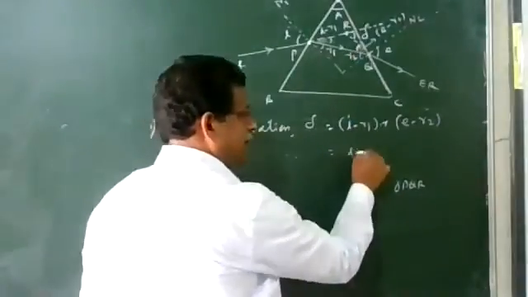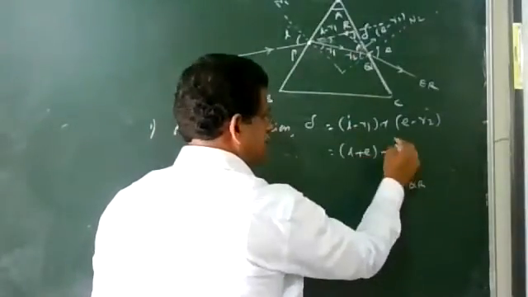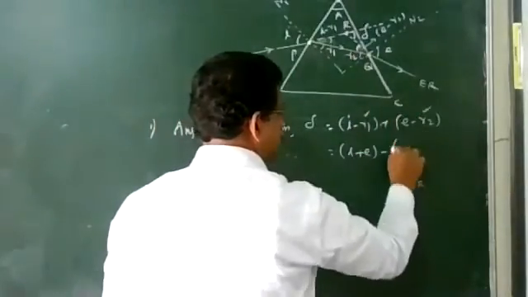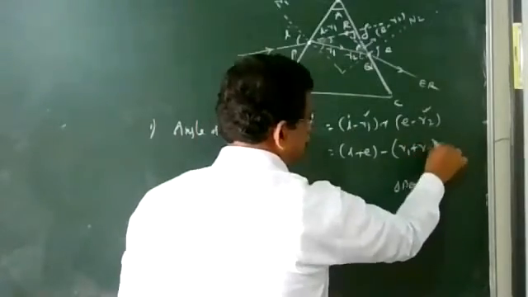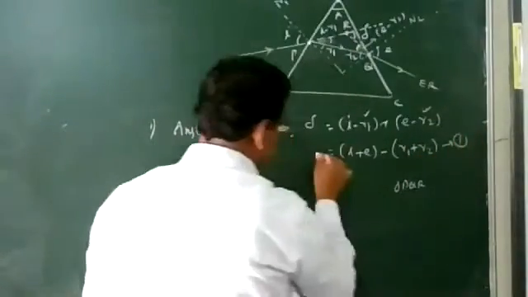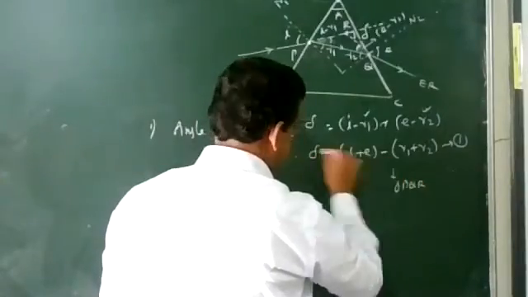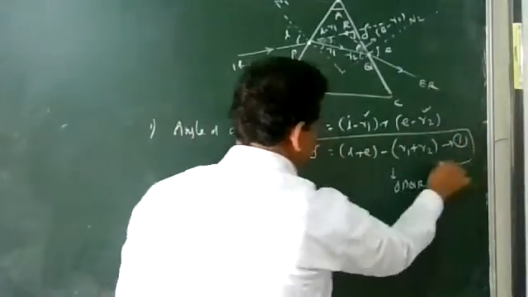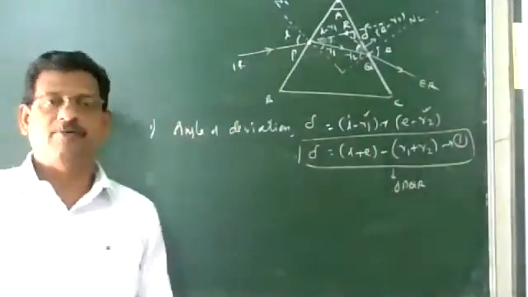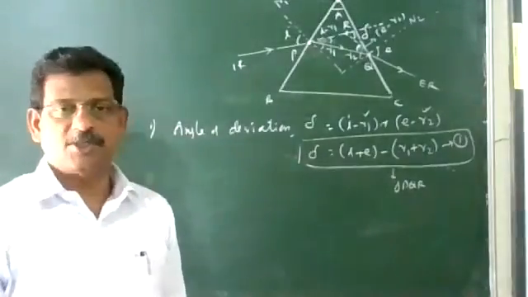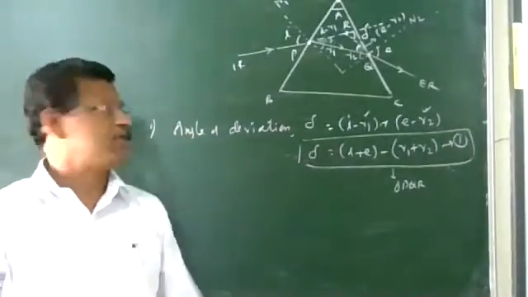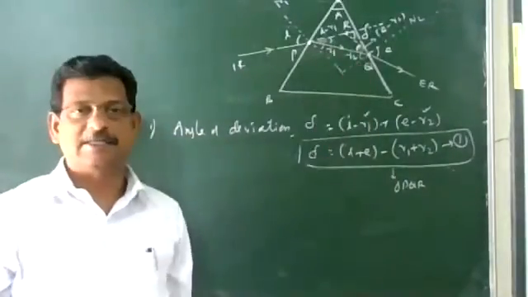This is equal to I plus E minus R1 minus R2. This is number 1. Angular deviation is the angle of incidence plus the angle of emergence minus R1 plus R2. R2 is the angle inside.